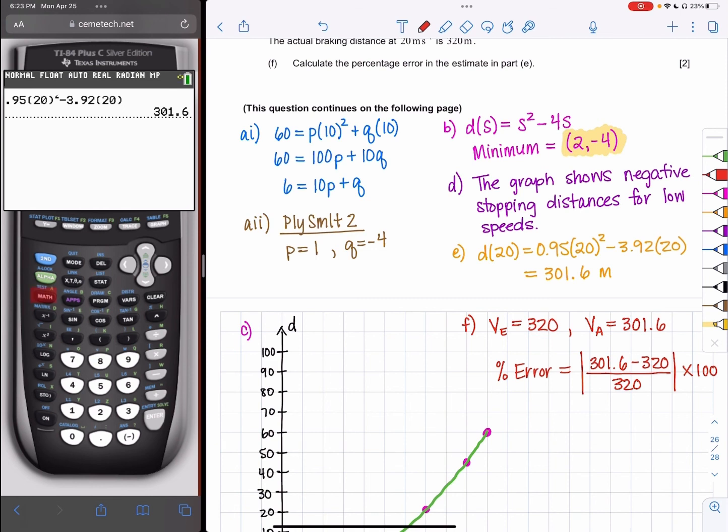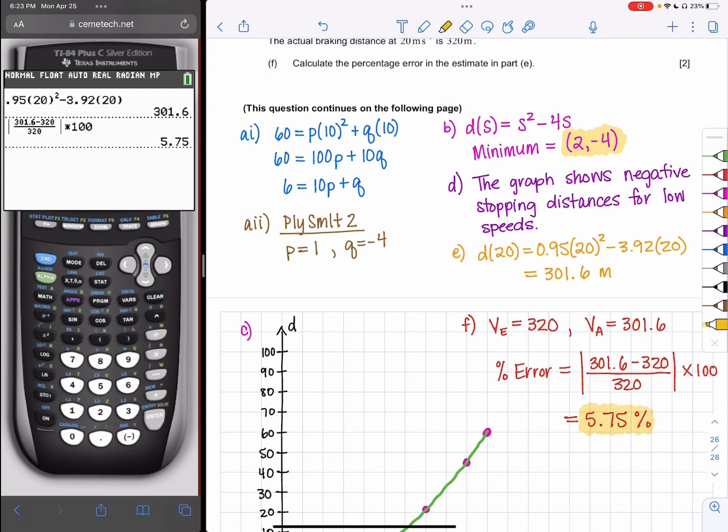So I'm going to press math, go over to number, absolute value, then type in my fraction. That's going to be 301.6 minus 320 divided by 320 times 100. And I will end up getting that my percent error is equal to 5.75%. That is my percentage error here.